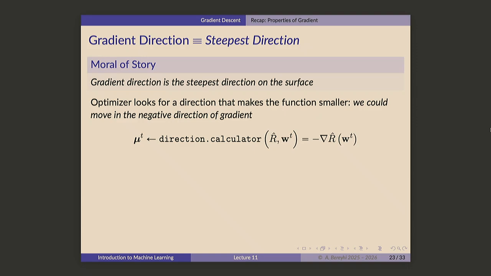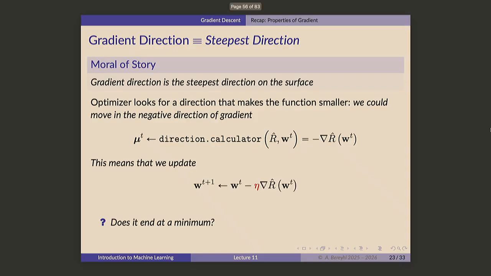If the gradient tells you what is the fastest direction to get out of the bowl, minus gradient would tell you what is the fast way to get to the bottom of the bowl, right? Everybody's cool? You see what I'm talking about? Yeah? Okay, moral of the story, this minus gradient is the best direction you can move if you want to decrease your surface, right? And if that is the case, then your update should look like this guy, right?